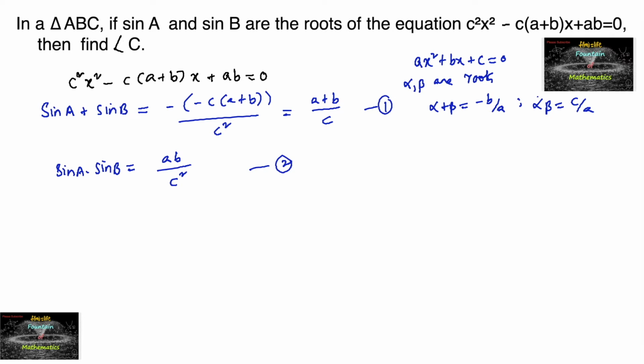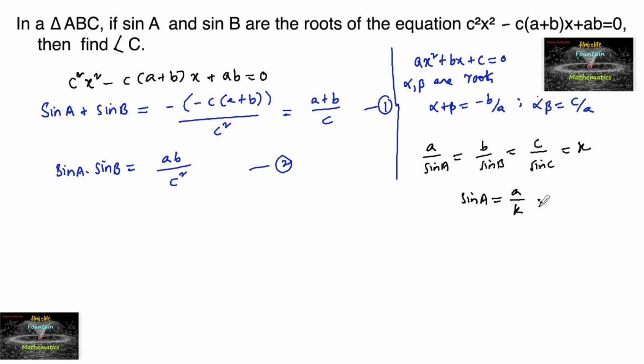And also we know that from sine rule we have a upon sin A is equal to b upon sin B is equal to c upon sin C is equal to some constant k, or else we can write sin A is equal to a upon k and sin B is equal to b upon k.